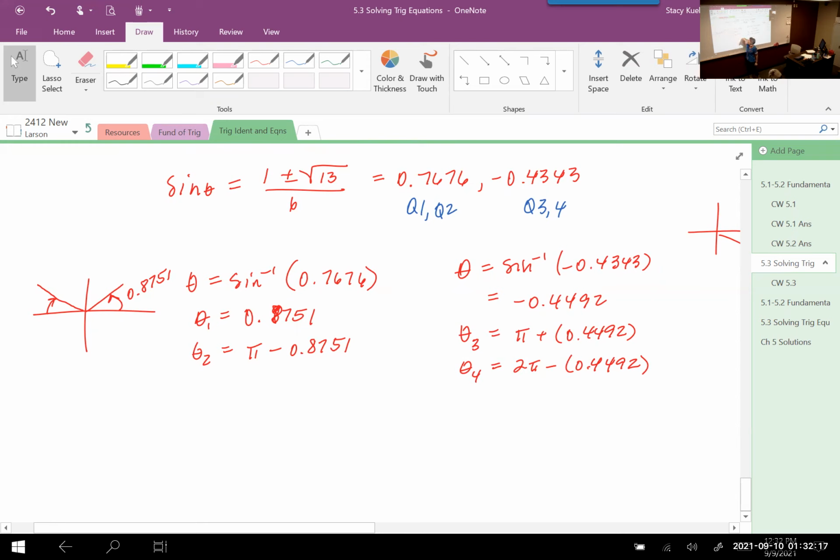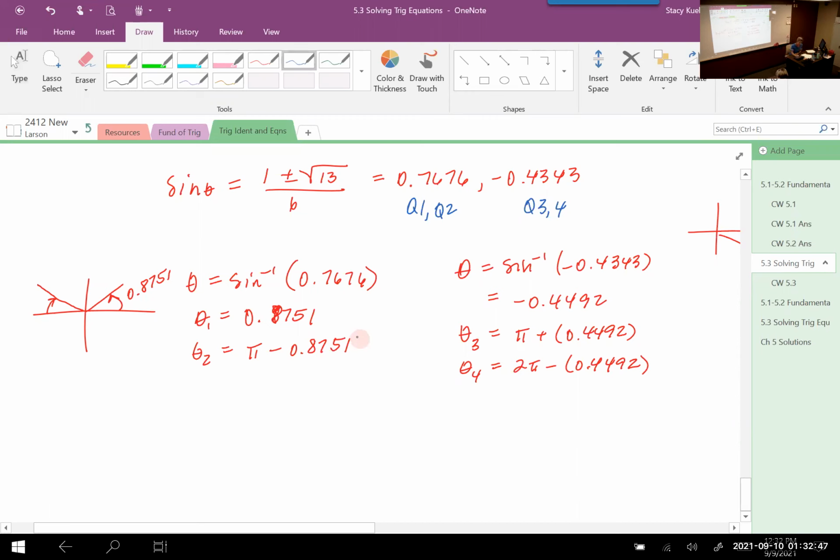Okay, so the sine of some angle gives me a positive number, which is that one. The sine of some angle gives me a negative number. That's how I know what quadrants they're following. It gets a little confusing with all the decimals in there.